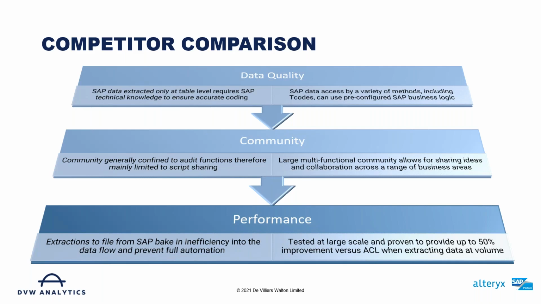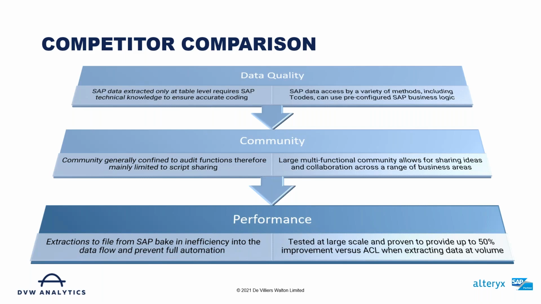Performance: ACL uses basically an SAP extraction module, and in there are some, if you like, baked-in inefficiencies. However, with the DBW Analytics extractors, we have improved upon the SAP standard, and we can show that.